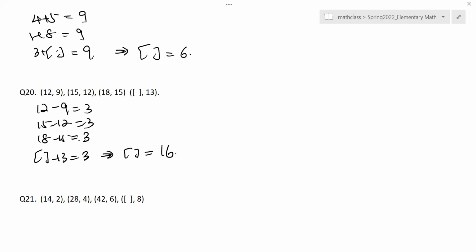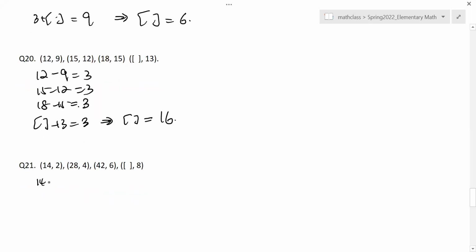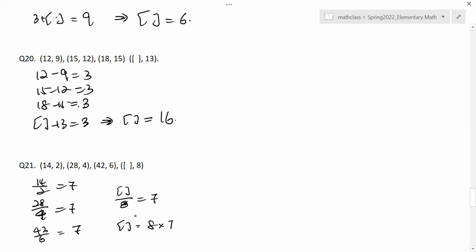You know, we find out this time we have to use division. Okay, if you use division, well, the first number is always 7 times the second number. And so 14 divided by 2 is 7. 28 divided by 4 is 7. 42 divided by 6 is also 7. And then that number divided by 8 should be 7. Okay, that number must be 8 times 7, which is going to be 56.